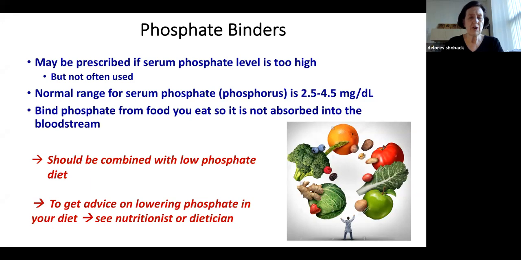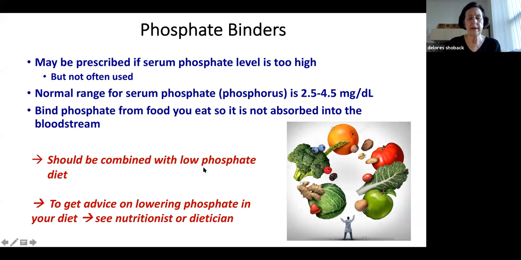We usually start with working on the diet, trying to get the phosphorus level low through dietary interventions. These are the levels we're shooting for. The phosphate binders are medicines that bind the phosphorus in the gut coming in from the food that you eat so that it doesn't get into the blood. It gets bound and it's excreted when you have a bowel movement.